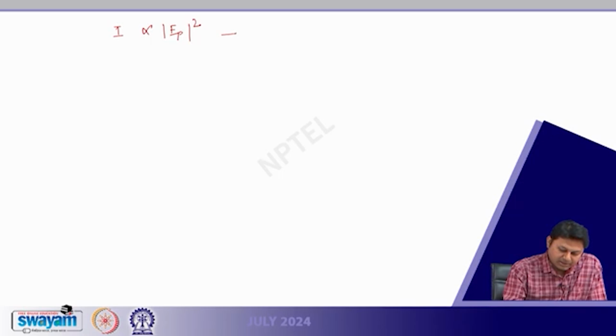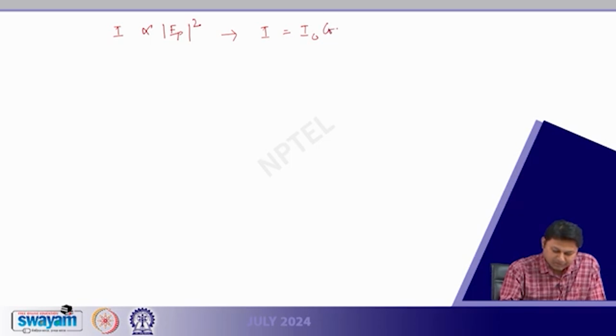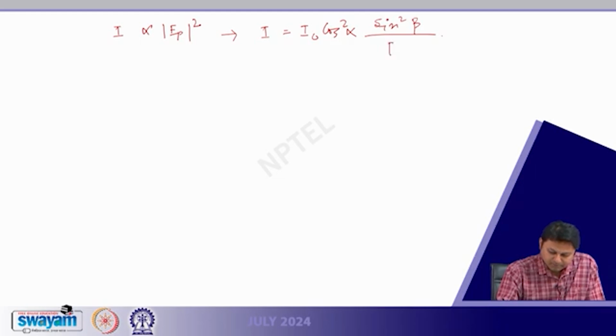So, from here I can write that the intensity at this point P should be I naught, then cos square alpha multiplied by sin square beta divided by beta square.